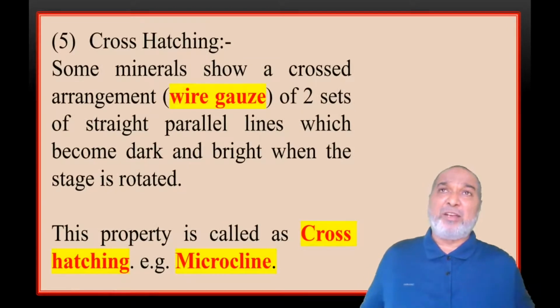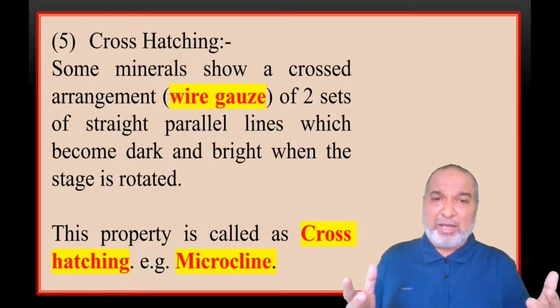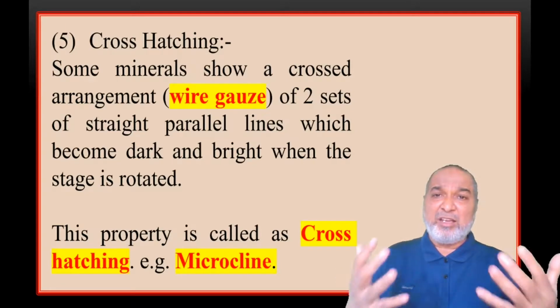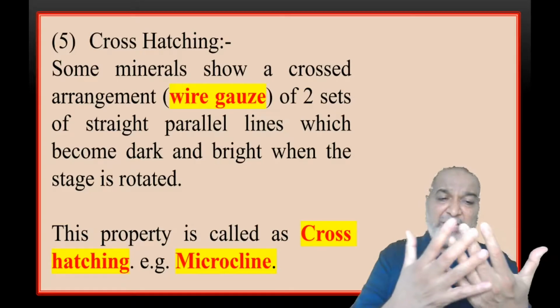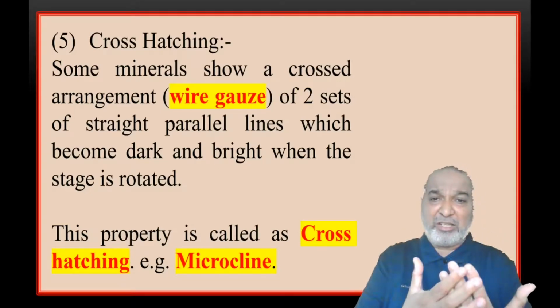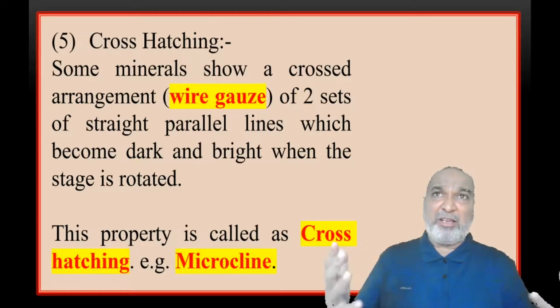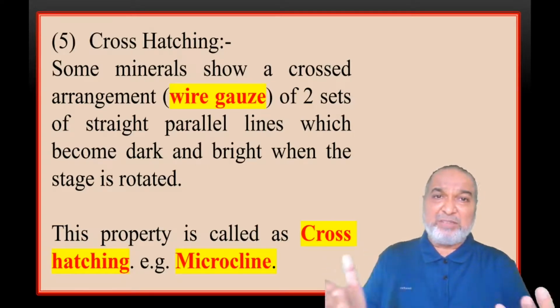Come to the next one, cross hatching. This is the property shown by the mineral microcline, where two sets of cleavages cross each other. Two sets of straight lines cross each other, and they become alternately dark and white. It looks like a sieve structure.